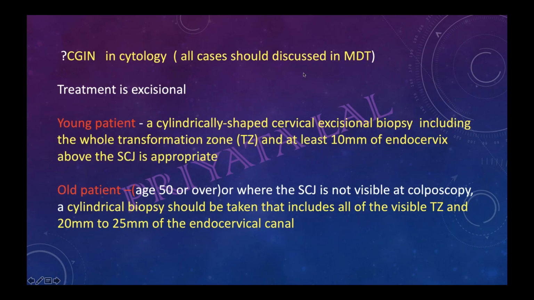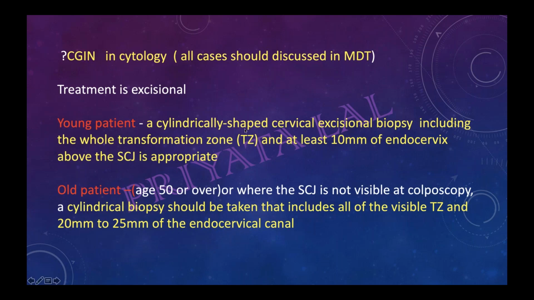Thank you. So this thing is important because to know, in CGIN, treatment is excisional only. So only one treatment choice. Second, all cases according to this new guideline, they should be discussed in MDT. Treatment is different for young patient and old patient. For young patient means that they desire fertility.